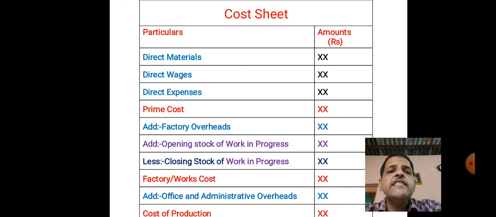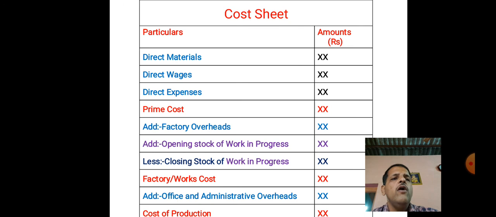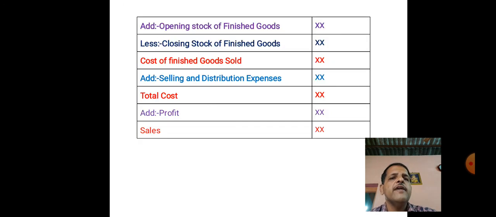When we add these expenses to factory or works cost, we get cost of production. Now, cost of production is the actual cost of producing that particular product. Now, what we have to do is to add opening stock of finished goods to it and deduct closing stock of finished goods from it.